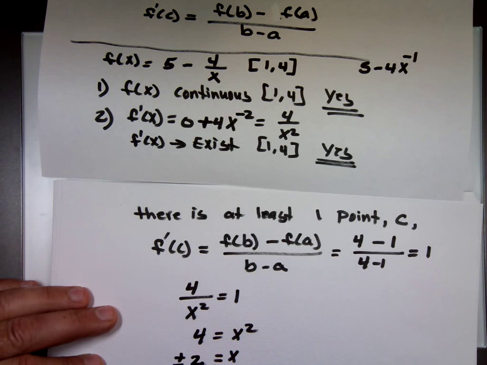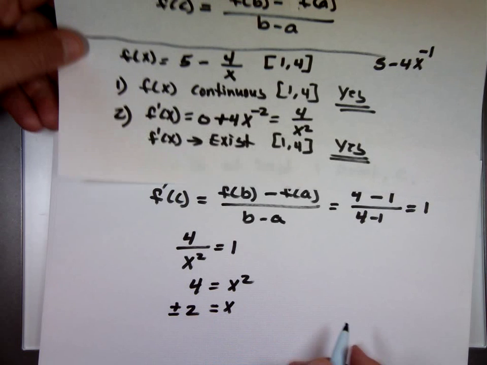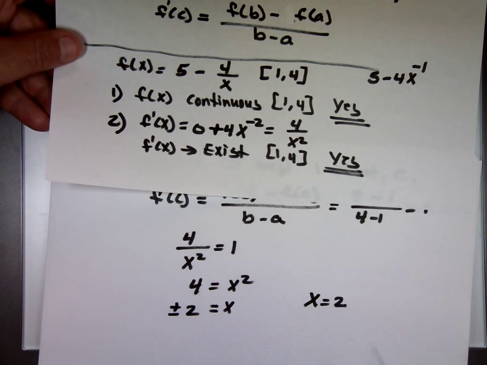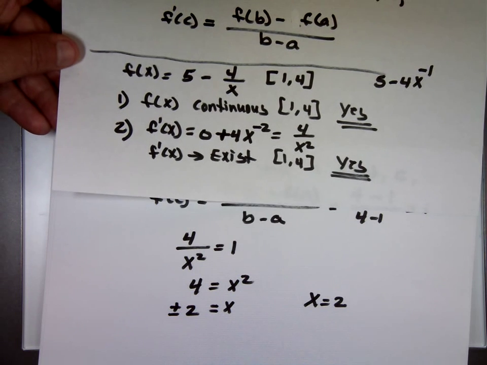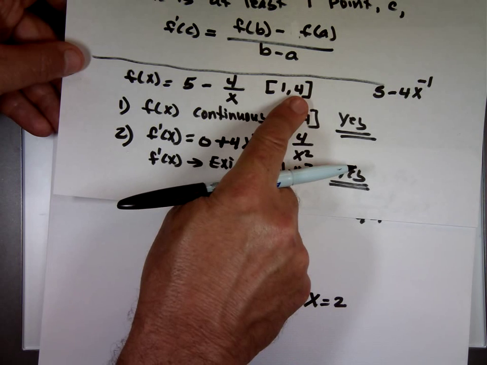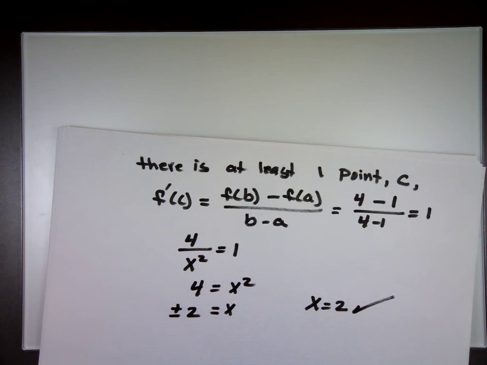Do we have a value between 1 and 4 where the derivative is equal to 1? Yes. The only one we can use is the plus 2. Why? Because we have to be between 1 and 4. So we just proved the mean value theorem. There has to be a number between 4 and 1 where the derivative in this case will equal 1.